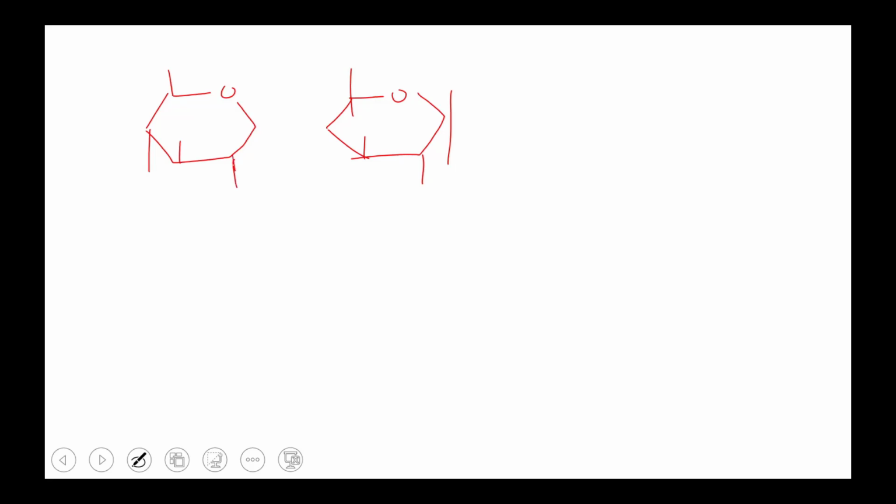Both are alpha D glucose. For alpha, we have the OH group down. So here the condensation happens, release of water takes place.